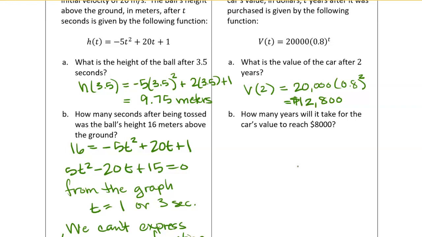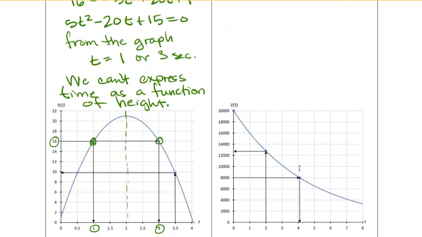I'm just going to use the graph, which I have below. You can see here's $8,000, and if I go across to the graph, there's just one time. It looks like it's a little bit more than 4, so let's say 4.1.